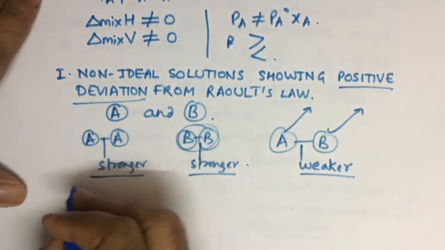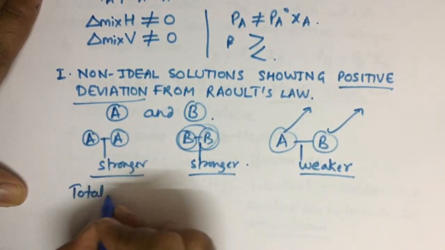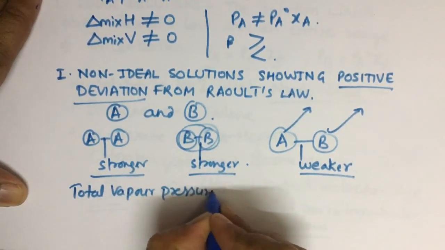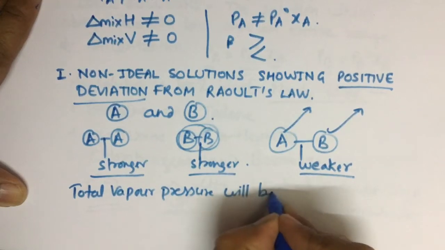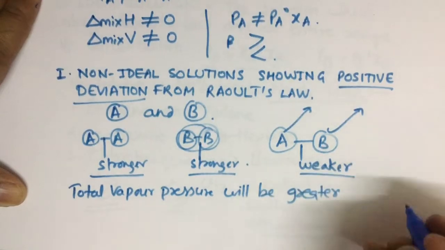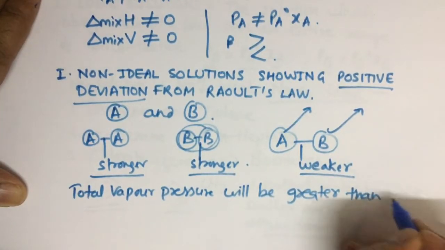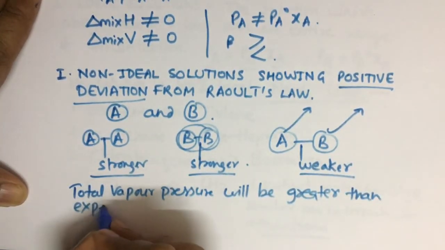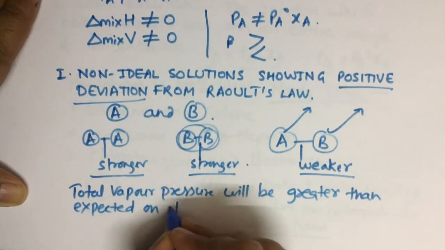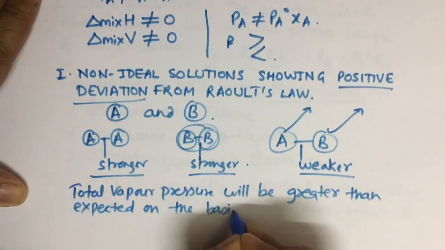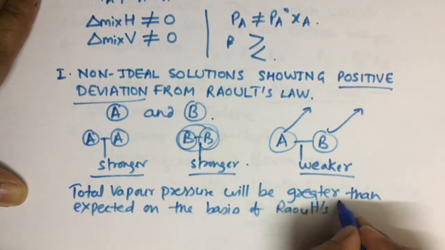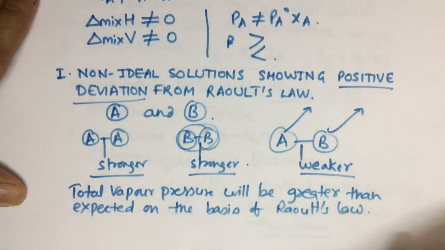So the total vapor pressure will be greater than expected on the basis of Raoult's law.